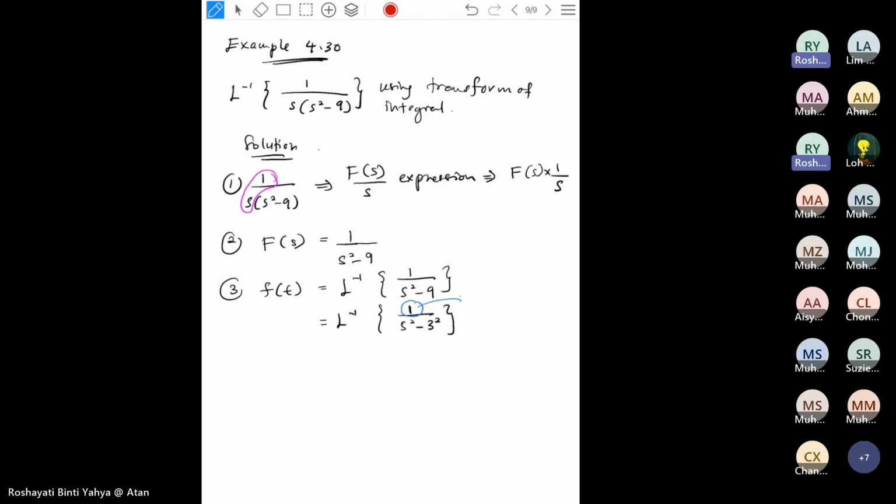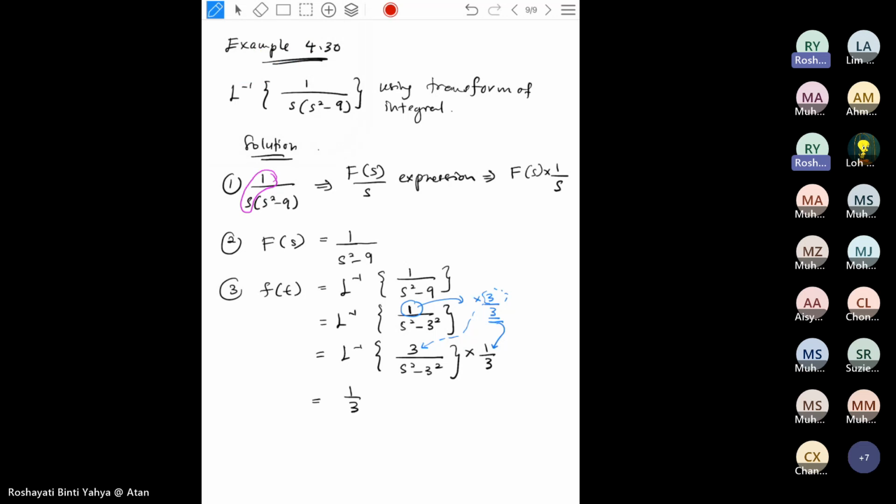This becomes 3 over s squared minus 3 squared, multiplied by 1 over 3. So here, times 3 over 3. Hopefully you understand this.